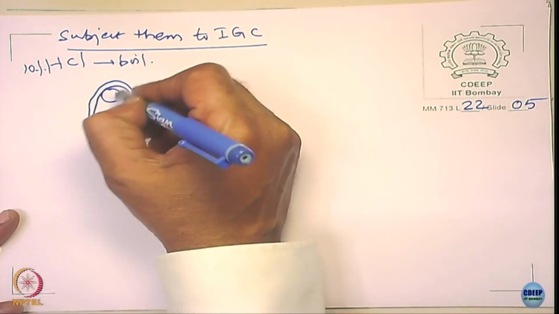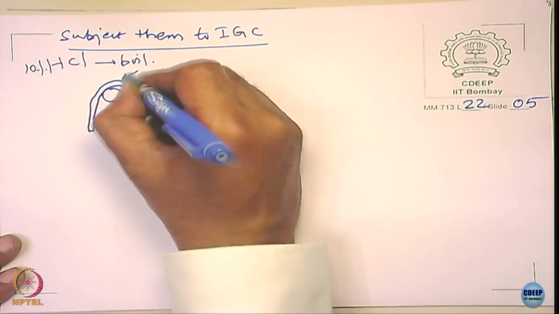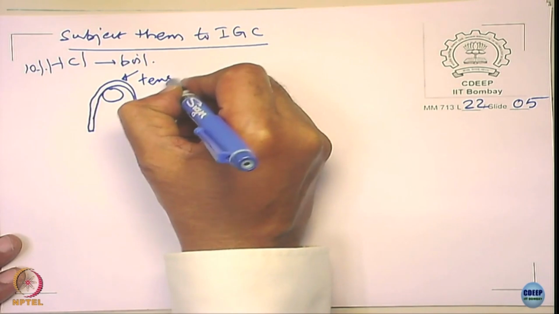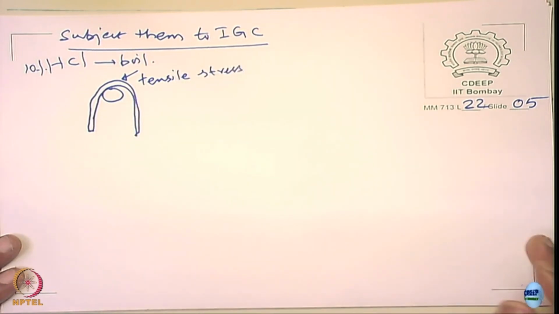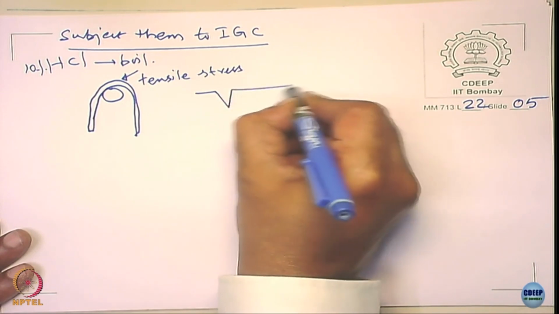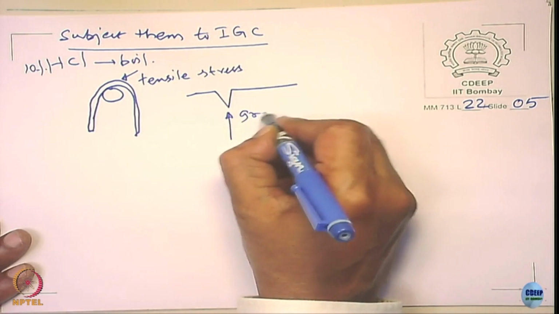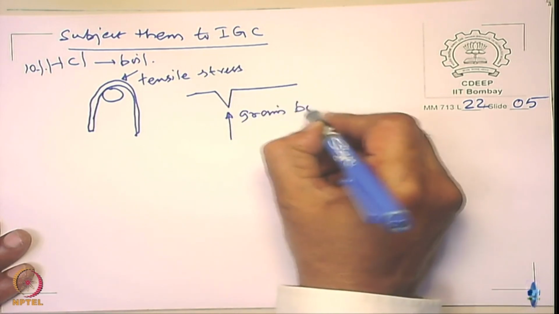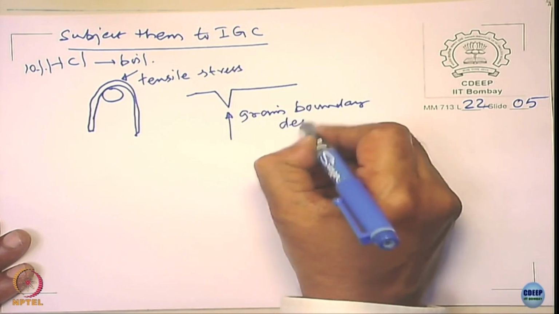When you bend it over a mandrel, what will happen now? There is a tensile stress here. So what will happen now? When the grain boundaries are attacked very selectively, the grain boundaries will open up. This is the grain boundary, right? And you can measure the depth of attack.